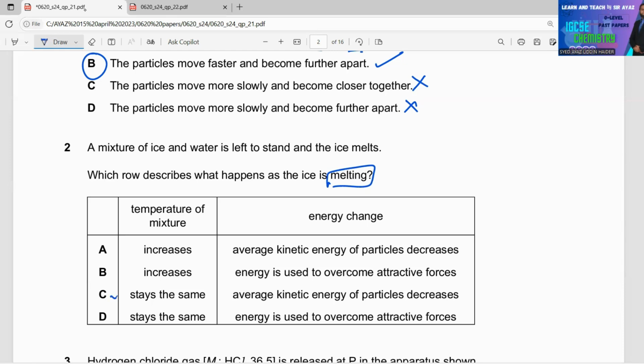So, either C is correct or D is correct. No need to check A and B. A and B are incorrect. Temperature will not increase. What about the energy change? Average kinetic energy of particles decreases. This is incorrect. Energy is used to overcome attractive forces. This is correct. So D must be the right answer in this case.